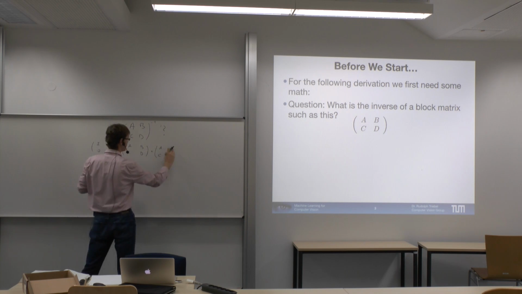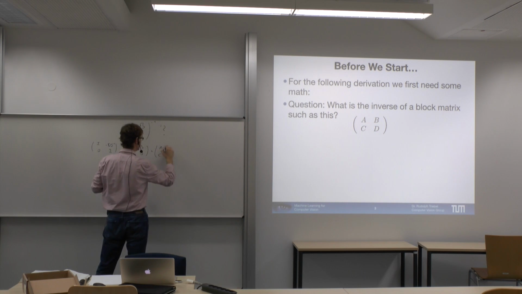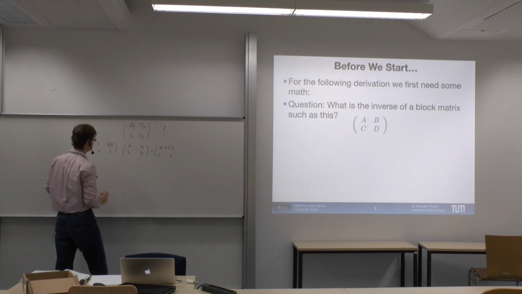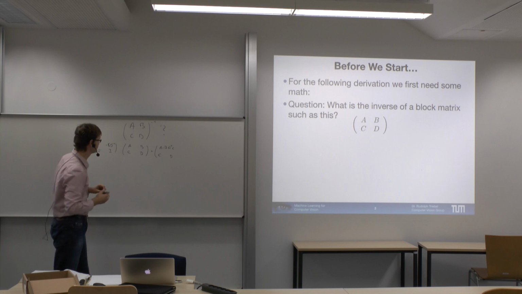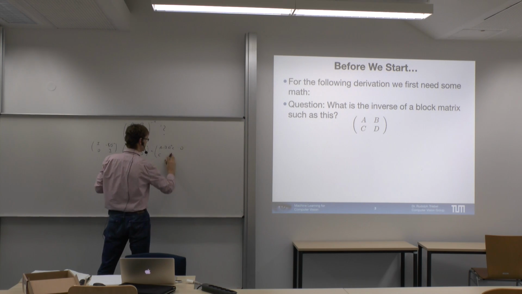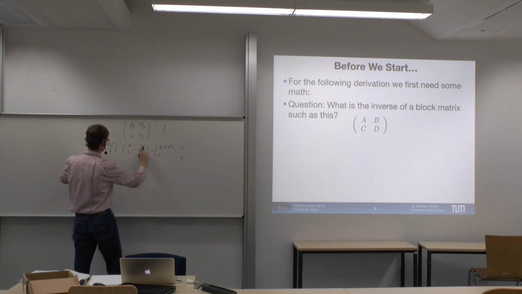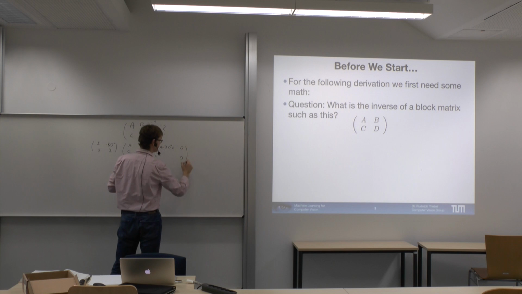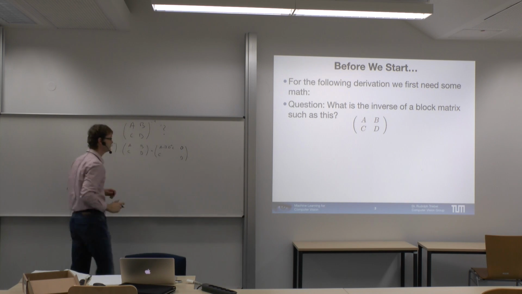Here we have A minus B D to the minus 1 C, and here we have our 0. And this is B times 0, D times 1 is D. So we already got rid of one thing, which is the 0 here.